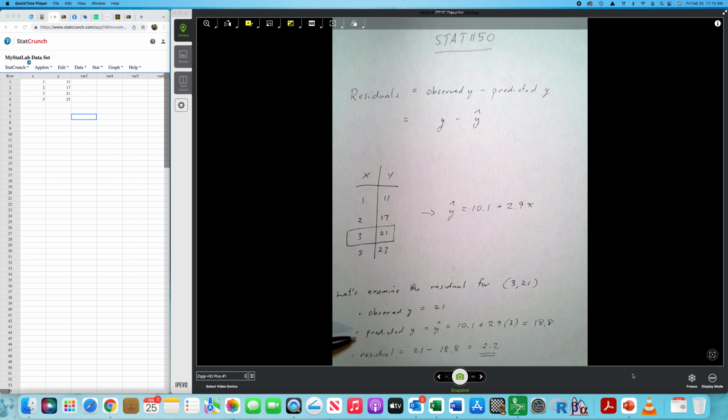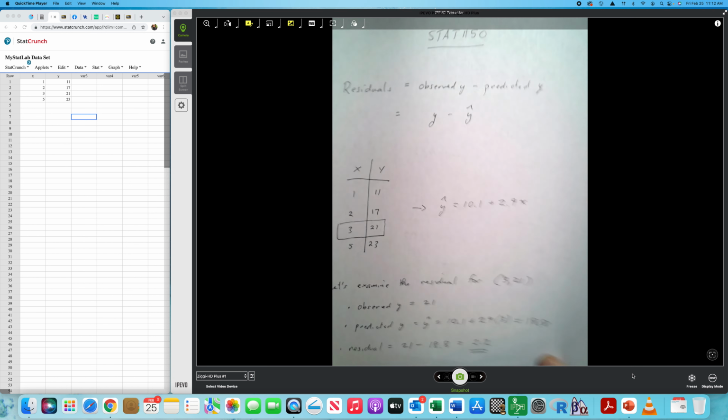So you can see down here, I took 10.1 plus 2.9, I just put 3 in for x and multiplied that out to get 18.8. So the residual is just the difference between the observed y, 21, and what we predicted, 18.8. Subtract those, we get 2.2.